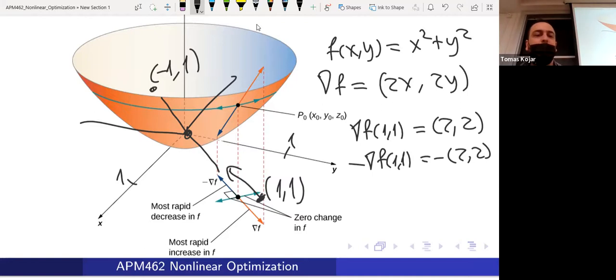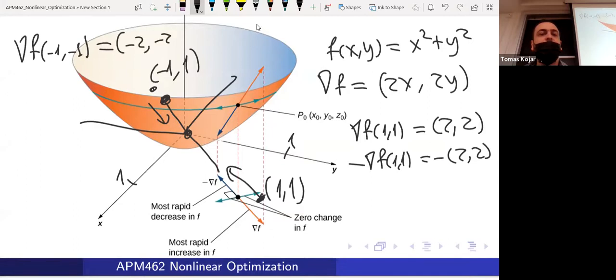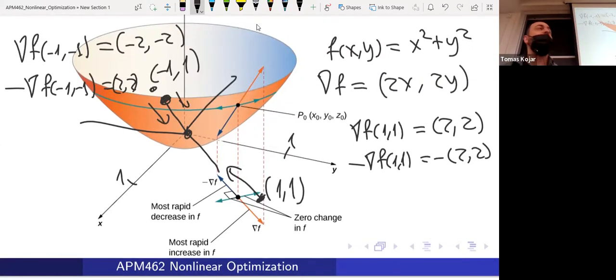Once I compute the gradient here, it will tell me to go down to positive, right? Because the gradient of f at -1 is equal to -2. So minus the gradient of f at -1 is 2. So this one tells me to move in the opposite direction. Does that make sense?